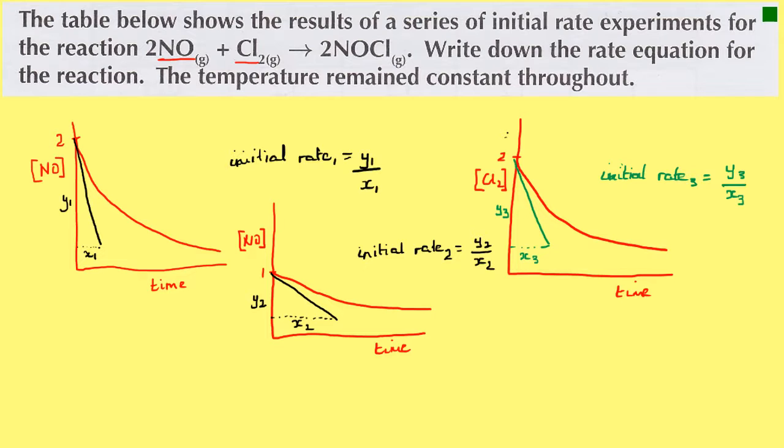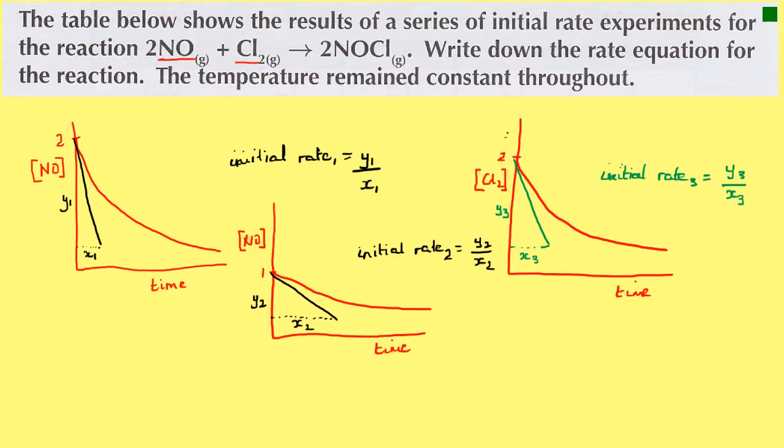So the initial rate, let's call it initial rate 1, would be y1 over x1.